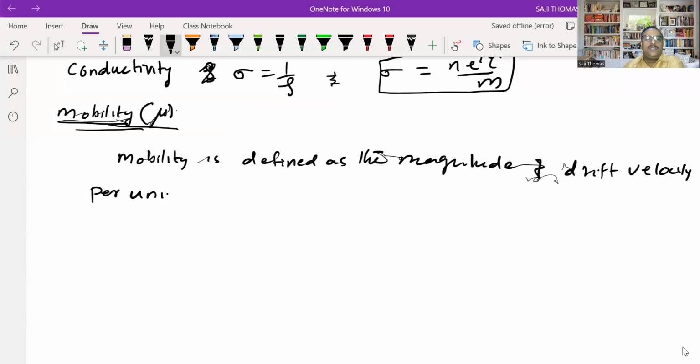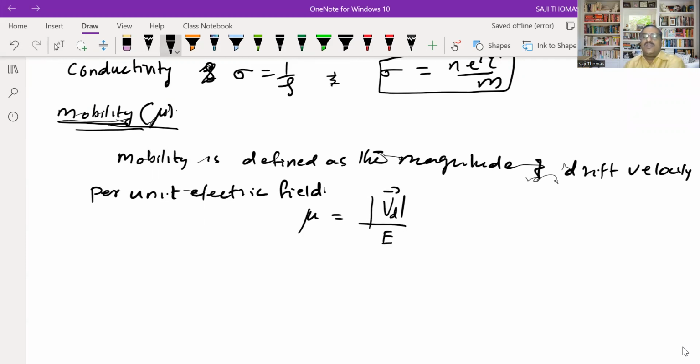So mu is equal to the magnitude of drift velocity by E.